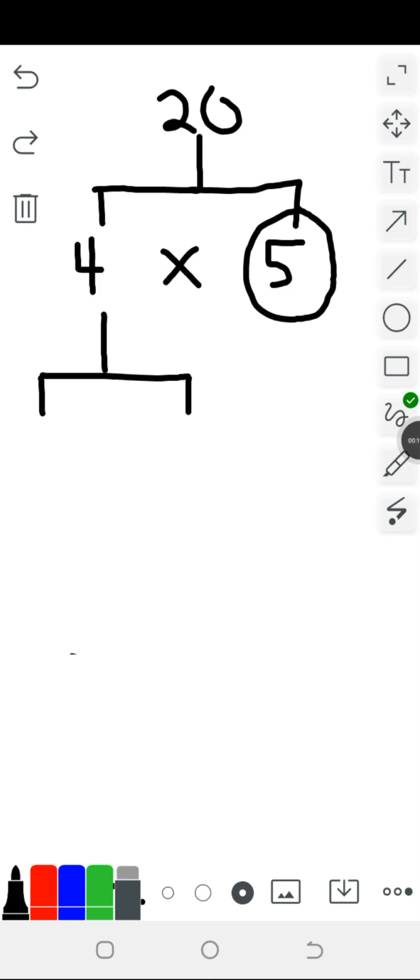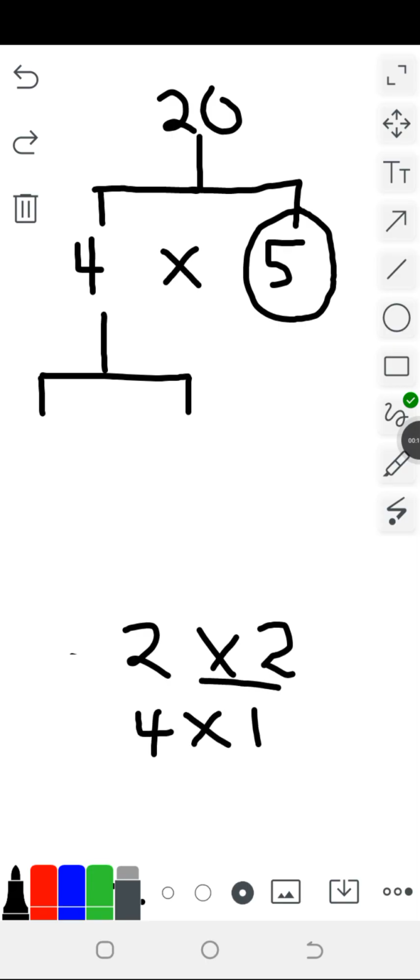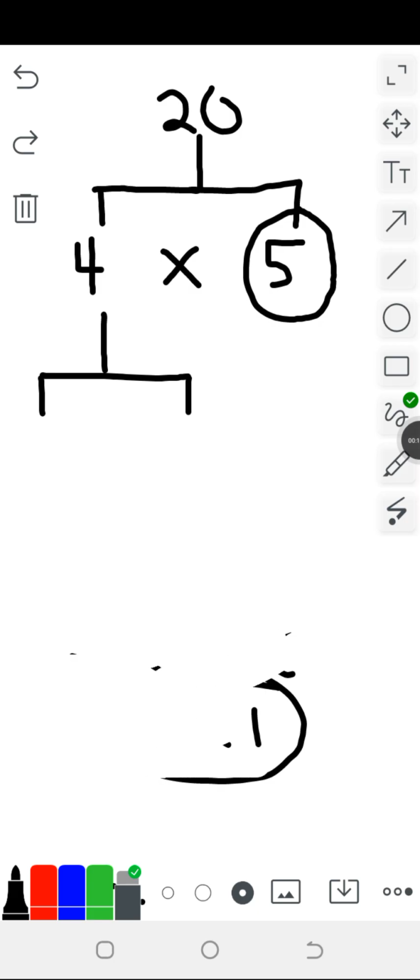I know 2 times 2 is one of those. 4 times 1 is also one of those, but there is no need multiplying by 1 because it will be of no use in that sense. So I will go with 2 times 2.